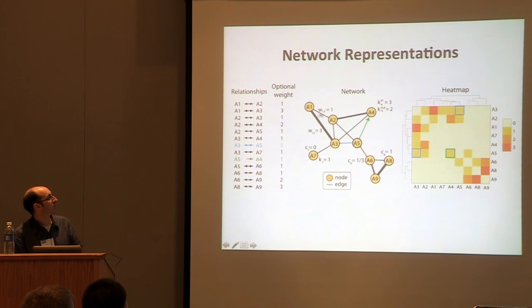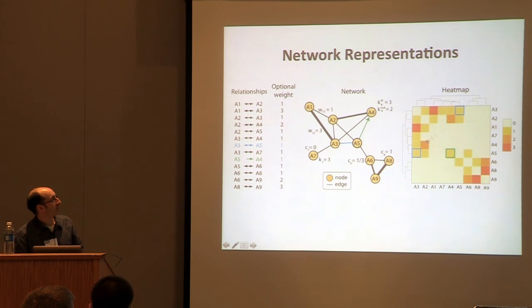Edges can have weight. Nodes can have other properties, like the number of connections, which is called the degree, and the number of connections in the neighborhood of a node divided by the number of possible connections it could have, which is called the clustering coefficient and represents the density of the network around that node. You can have direction on these edges as well.